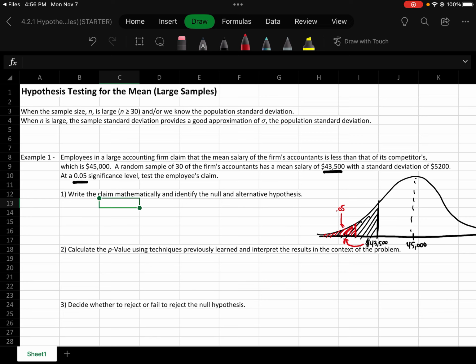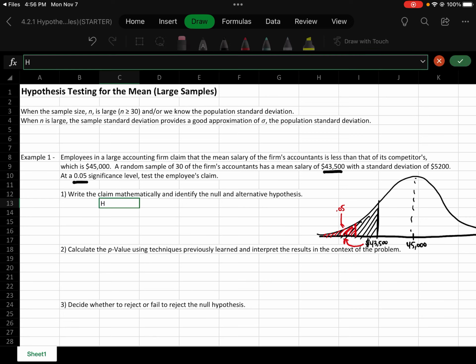So our null hypothesis, H sub 0, maybe I should just draw it. I'm just going to put H0. And that null hypothesis is that the mean is equal to $45,000.